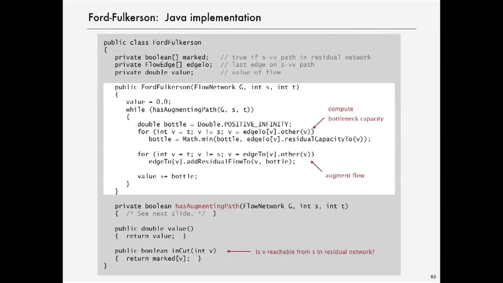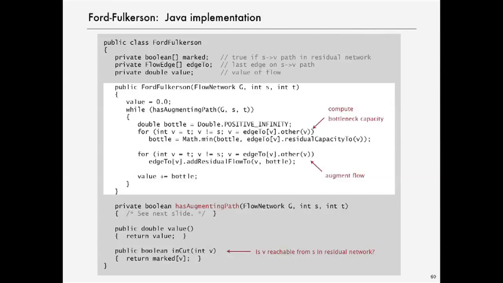What we'll do is we set the value of the flow to 0. Then we find out if it has an augmenting path, and we'll look at that method in a minute. As long as it has an augmenting path, when we call hasAugmentingPath, basically what that does is a graph search and mark the vertices that it visits, and if it gets to the target, it's going to leave that path in the edge-to array in the standard way.